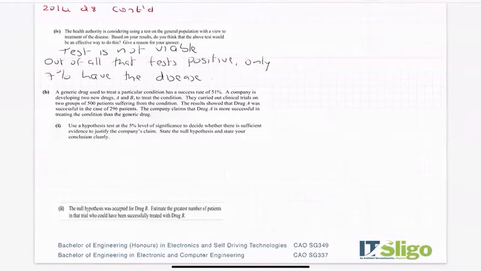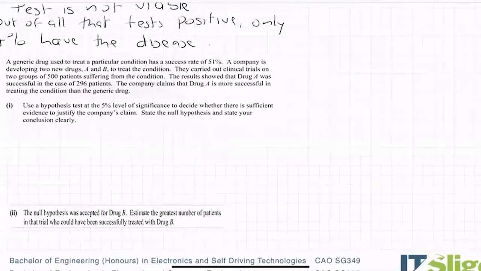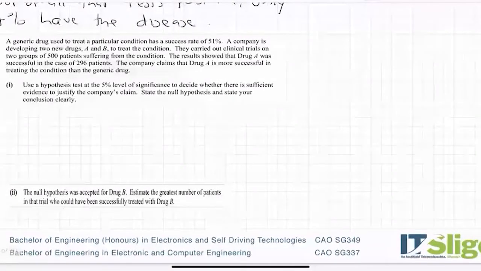Part B then. So part B is statistics. A generic drug used to treat a particular condition has a success rate of 51%. A company is developing 2 new drugs, A and B, to treat the condition. You can see this is very much along the lines of COVID. They carried out clinical trials on 2 groups of 500 patients suffering from the condition.